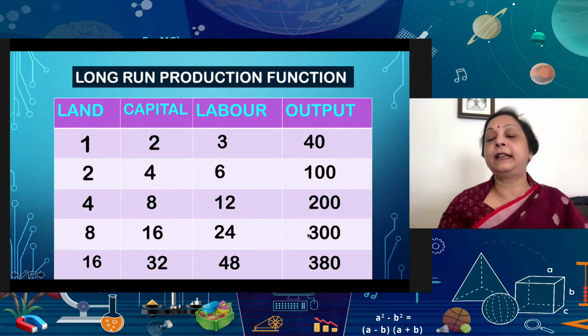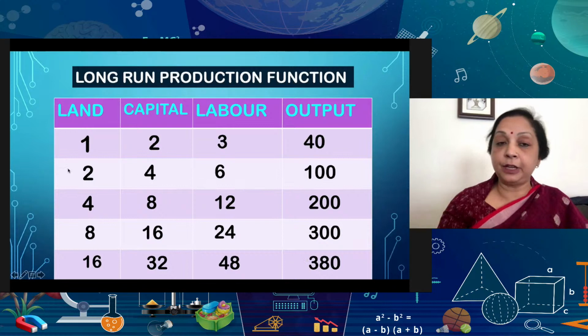So this is decreasing returns to scale. But in all the cases you see, since we are changing all the factors of production, we are increasing all of them, output goes on increasing. It does not decrease. The percentage increase can be more than 100%, can be 100%, can be less than 100%, but definitely it is increasing.